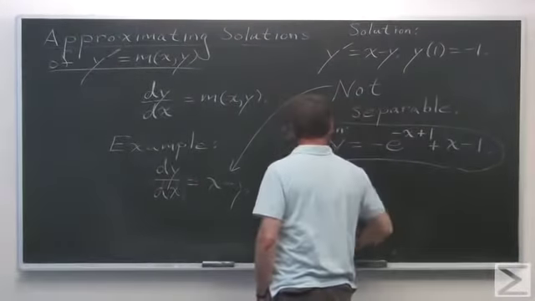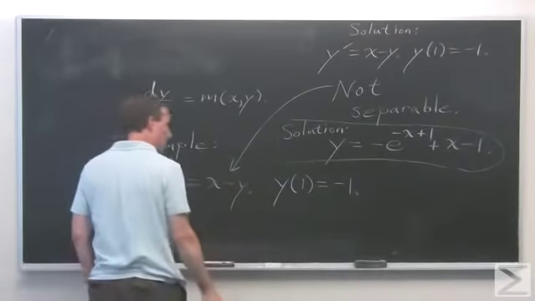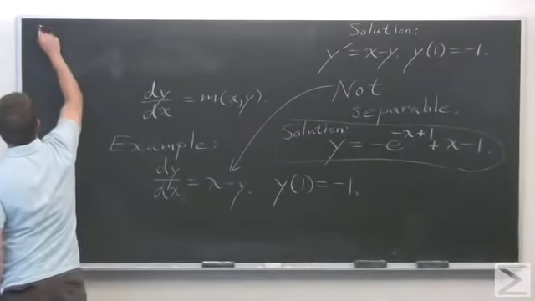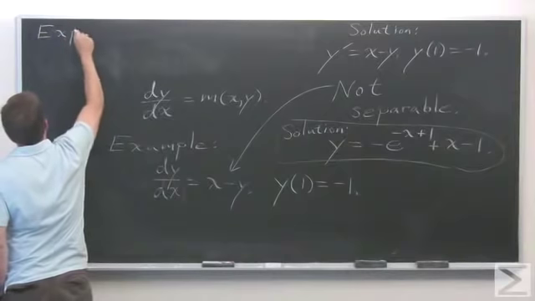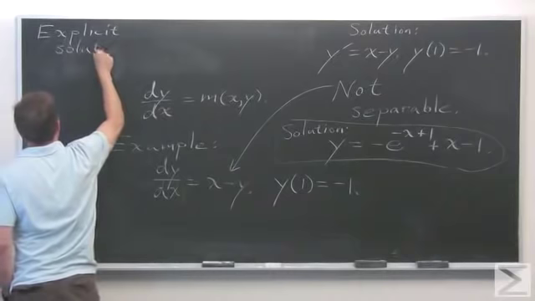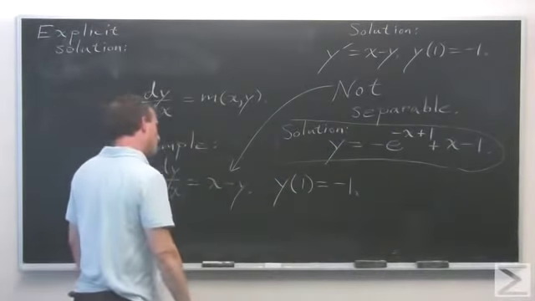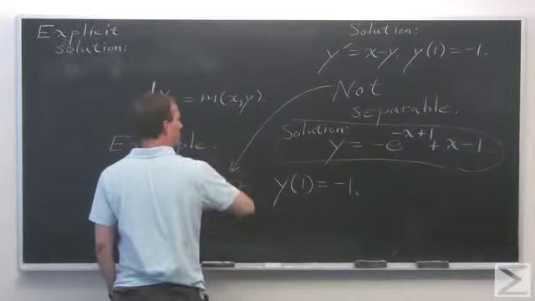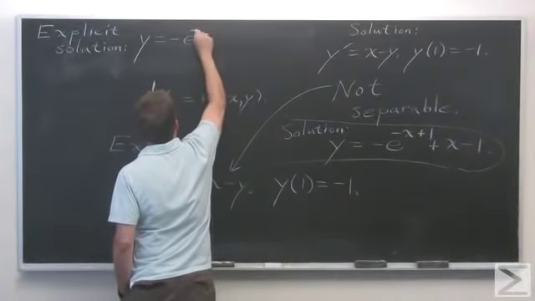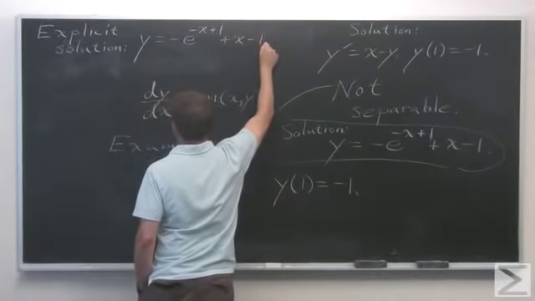The real solution. I may say this a couple more times, but in general, these approximation methods are something you want to use when you can't find the explicit solution. We're just doing this case so that I can talk about putting error columns in a spreadsheet or in a table you do by hand. y equals minus e to the minus x plus 1, plus x minus 1.